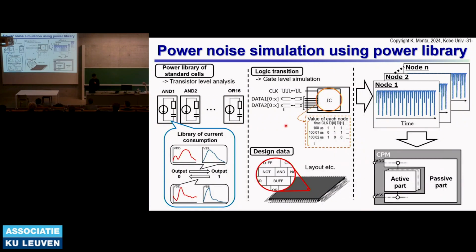After that, I conduct logic simulation to estimate the switching inside the IC chip, and with the combination of the power library and logic simulation, we can get the power current waveform like this.